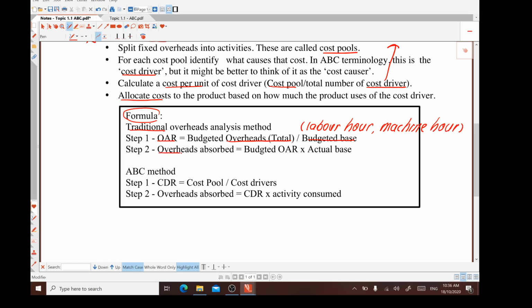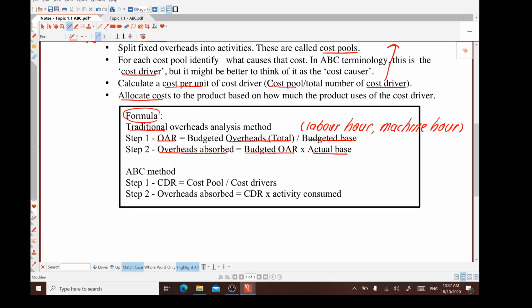And of course, this is what we call to allocate the overhead cost, which you absorb. So when you absorb it, that's when you use the budgeted OAR and multiply by the actual base, for your information.